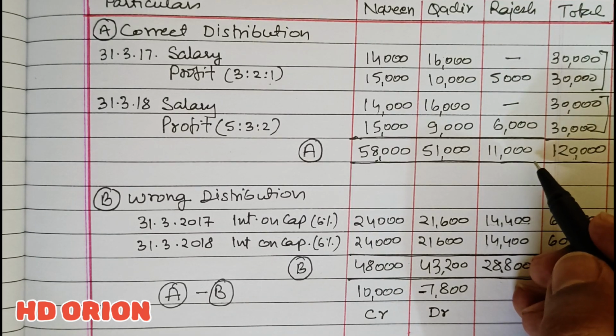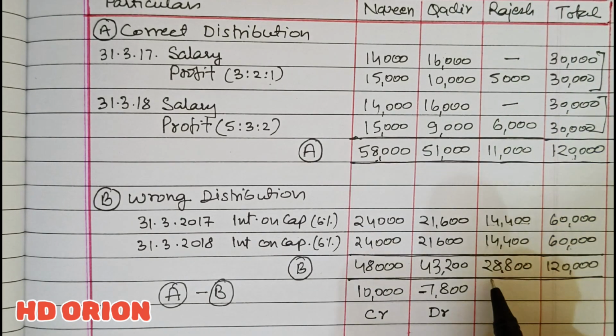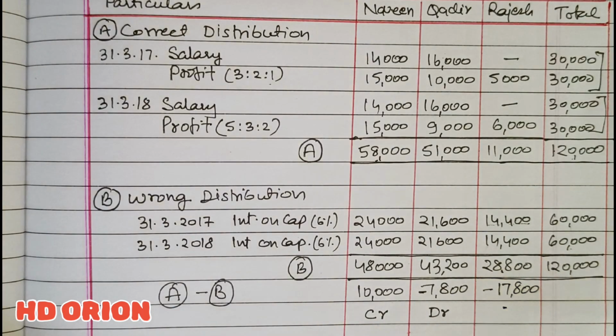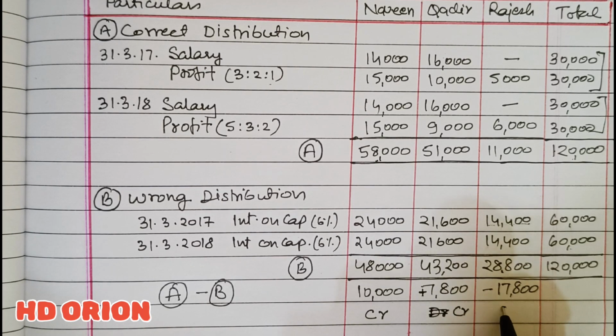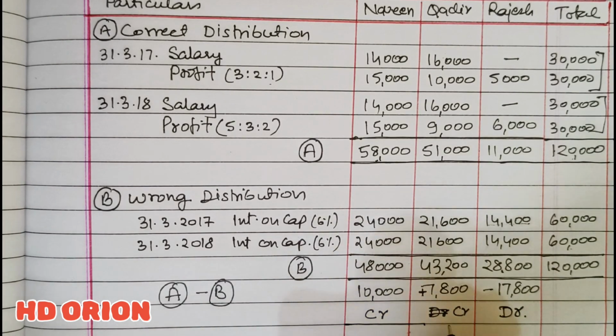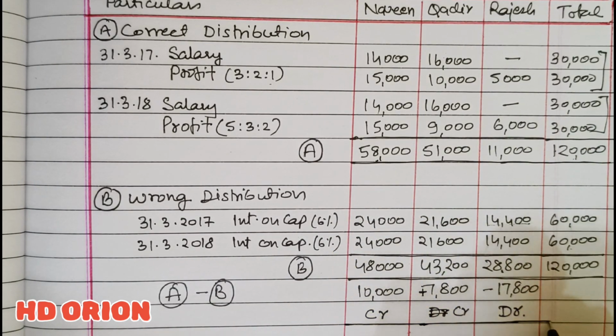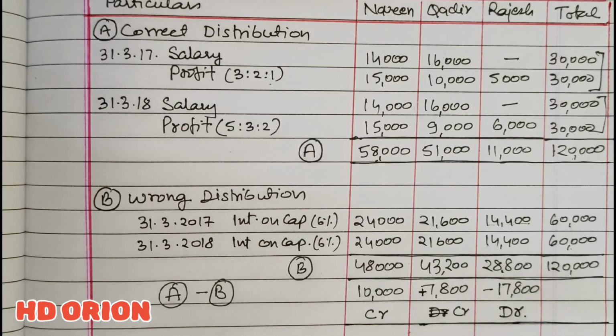Rajesh was to receive rupees 11,000 and has received 28,800, so we will take back 17,800. It's a minus figure, and therefore his current account will be debited. In this way we find the correct debiting or crediting of the partners.